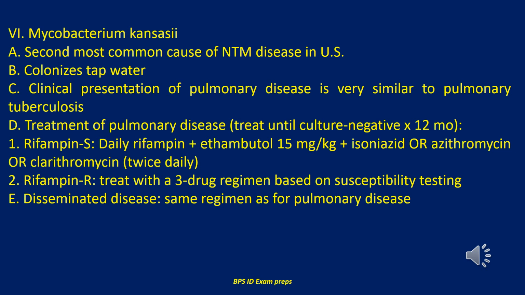Rifampin susceptible: daily rifampin plus ethambutol 15 mg per kilogram plus isoniazid, or azithromycin or clarithromycin twice daily. 2. Rifampin resistant: treat with a 3-drug regimen based on susceptibility testing. E. Disseminated disease: same regimen as for pulmonary disease.